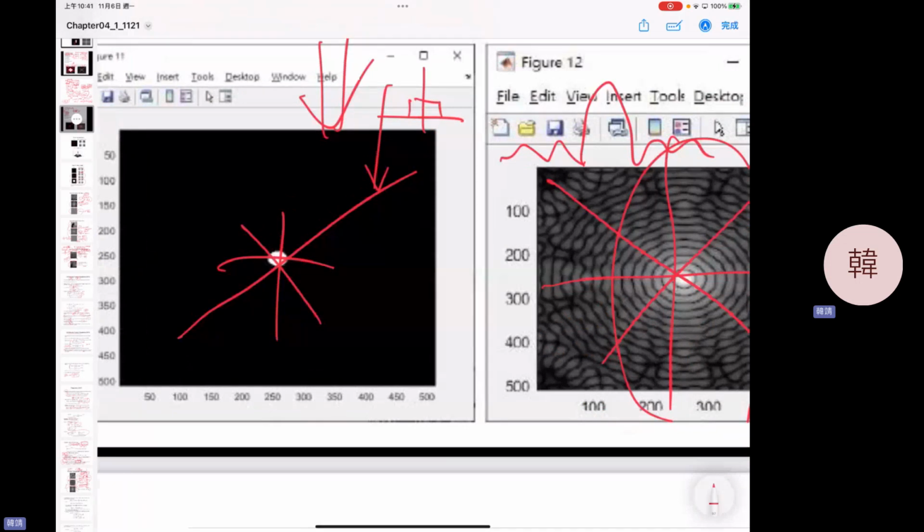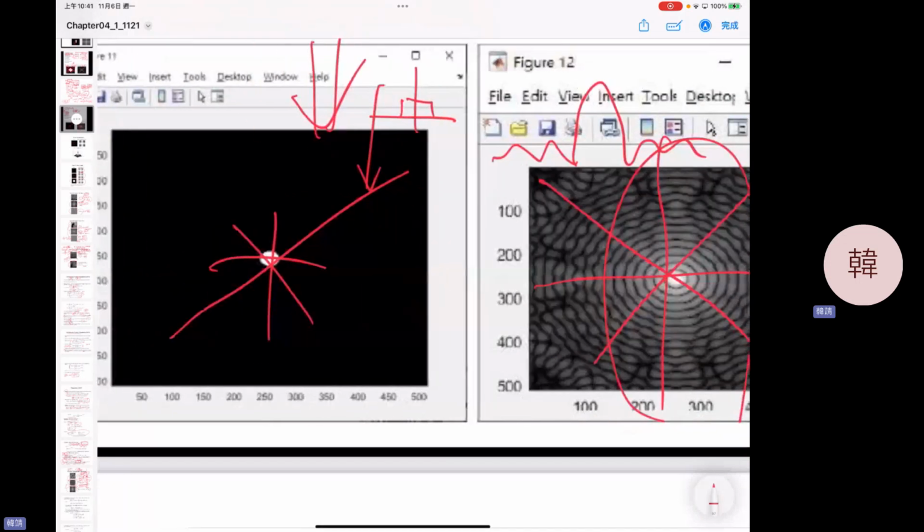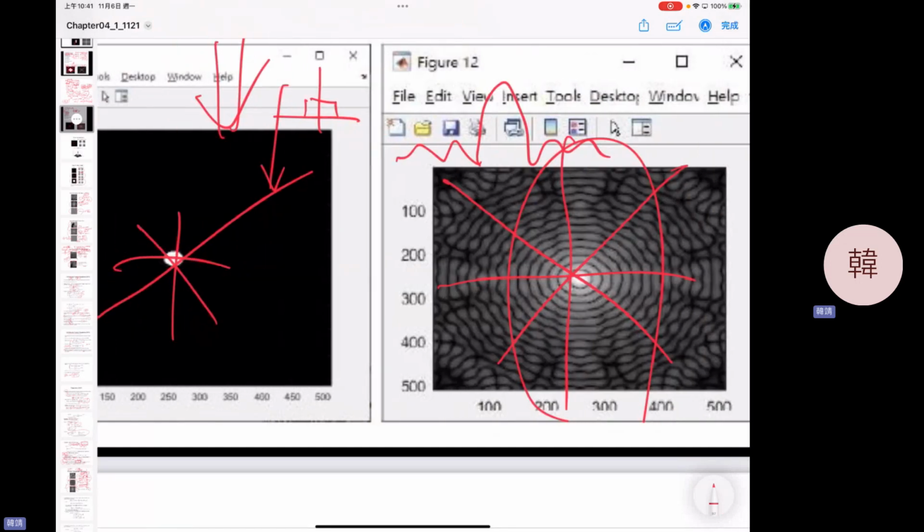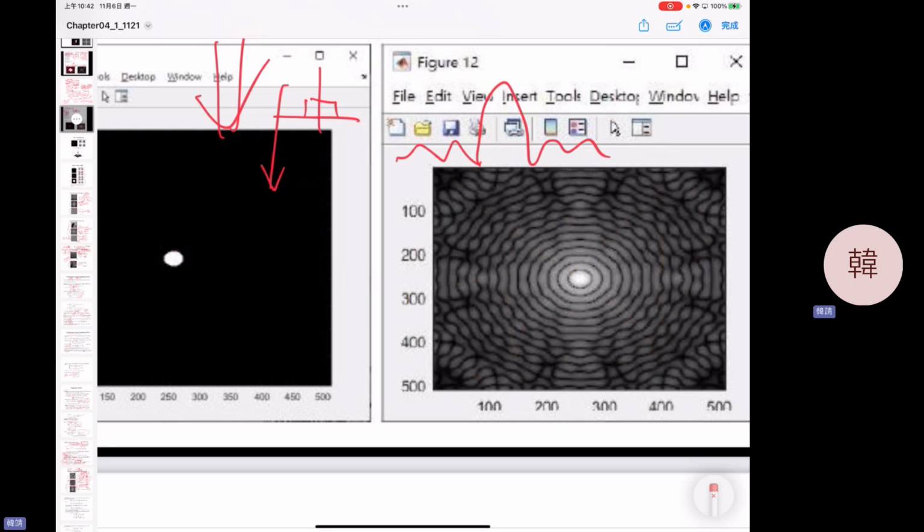For example, like this one, we know it's a circle image, and after you apply fftshift, you will see the result located in the center. So this result can be expected for a circle image. You should understand the mapping, because in every direction there should be a sinc function.